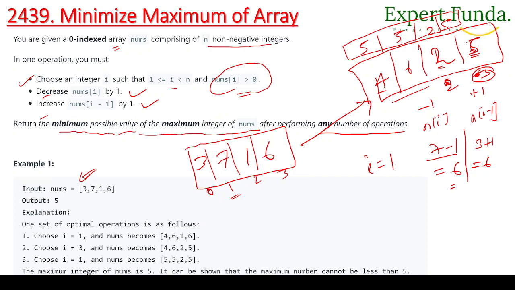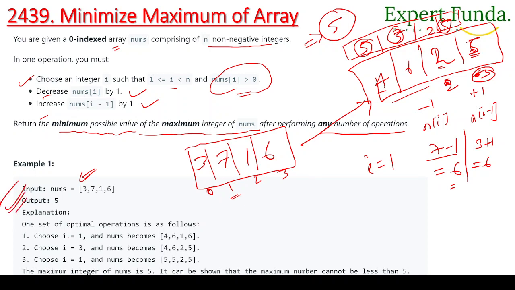So the maximum integer of nums we got is 5, and at any position the maximum number cannot be less than 5. It will be 5 only, and that's why we have to return 5. If you see the output, it is 5.